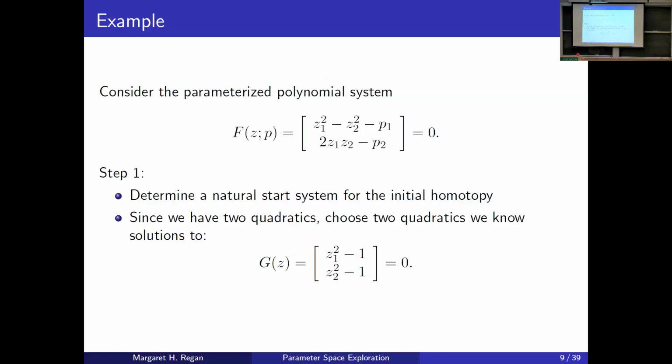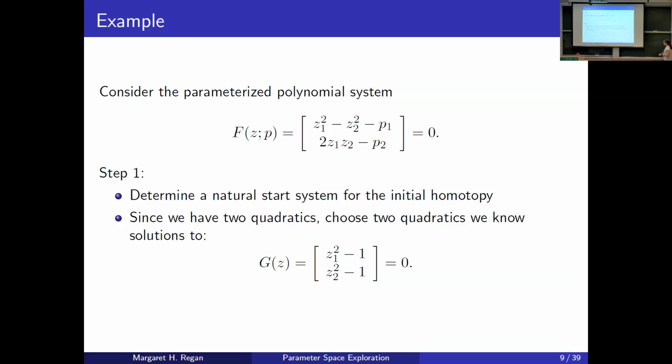And so we want to find the solutions to that system. And we're going to pretend that we can't just write down the solutions to that system, right? So that's the assumption, right, that you have a polynomial system that you want to find the solutions for, but it's too difficult, or you don't have the ability to write down the solutions as it stands.